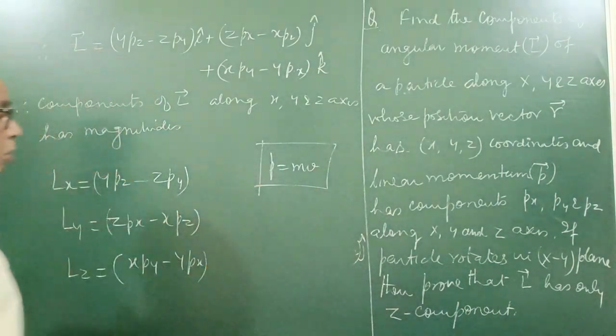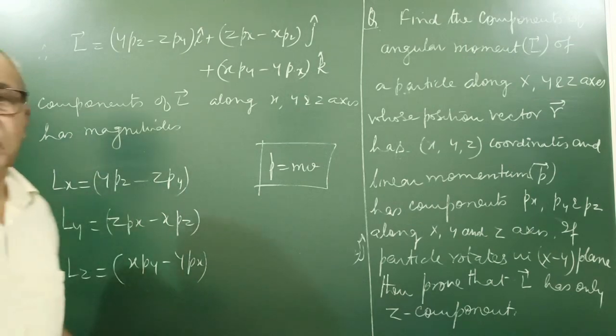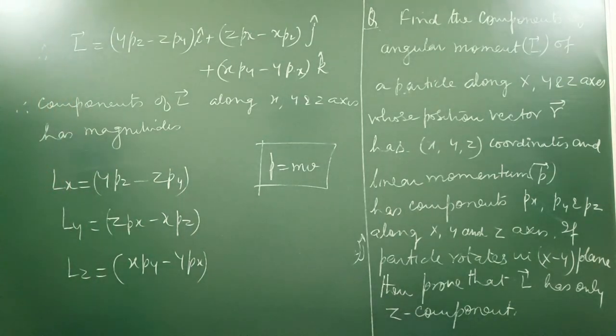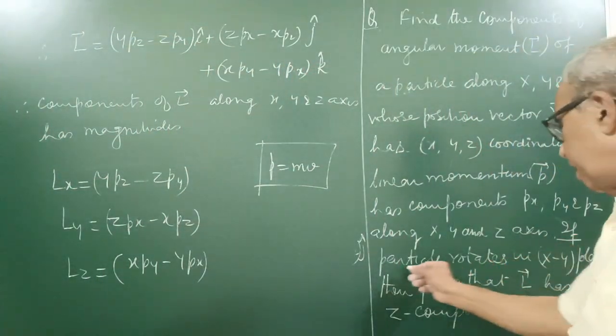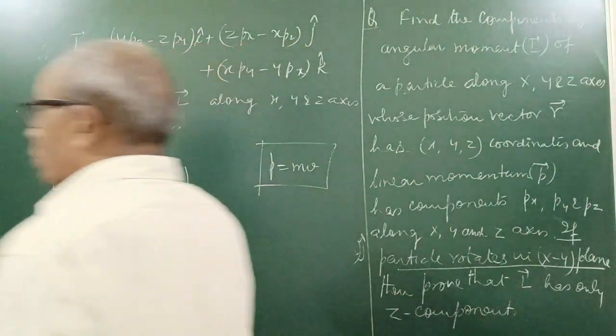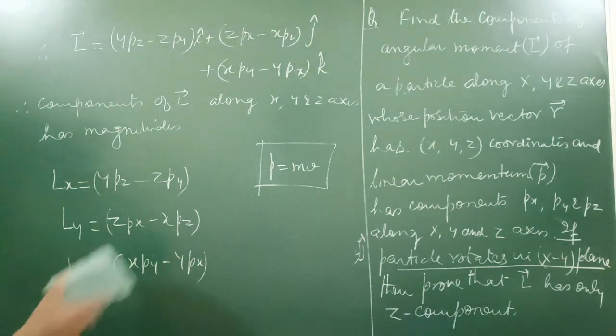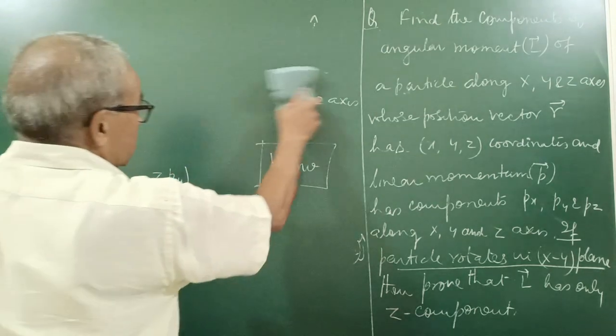Linear momentum p equals mv. I solved a question based on this. Now here you are asked, if the particle rotates or moves in the xy plane, then show that vector L has only a component along the z direction.